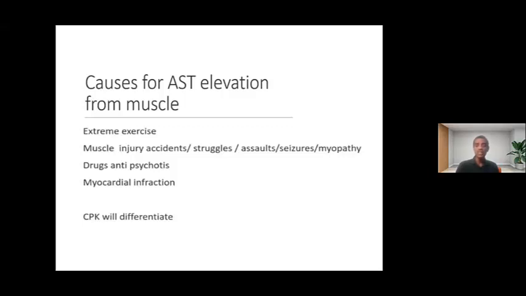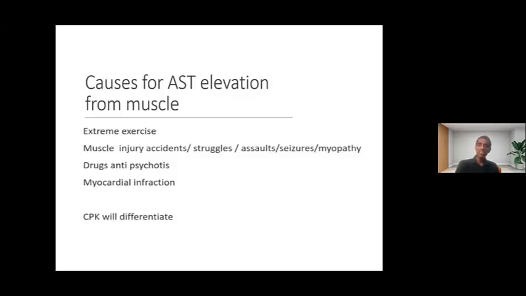And if there is a muscle injury, maybe due to a struggle, accidents, seizures, or myopathy, it also gives rise to elevated AST. And drugs like antipsychotics. In earlier days, AST was done when you suspected any myocardial infarction, because it is also elevated during myocardial infarction.